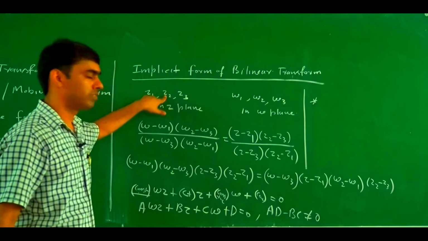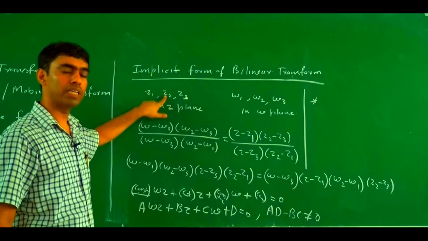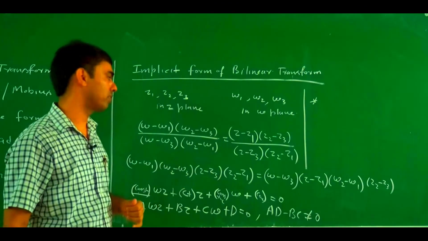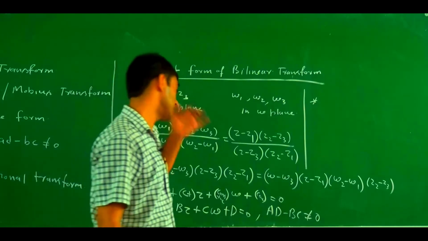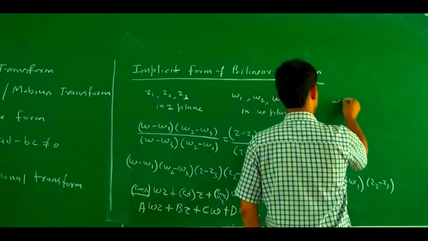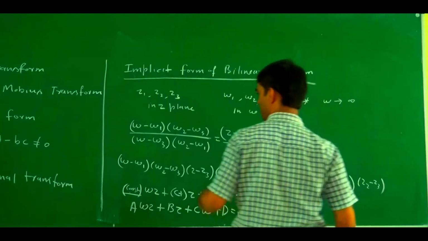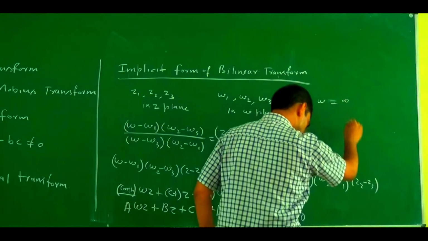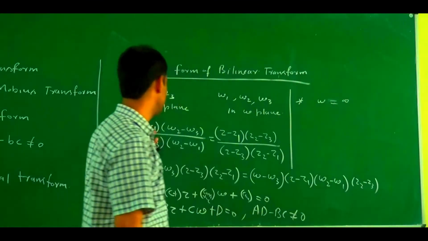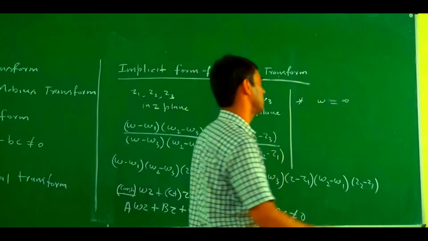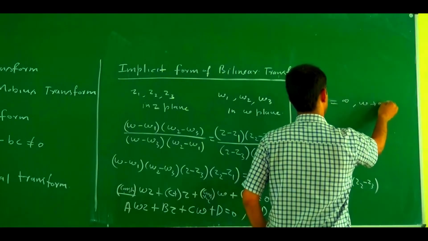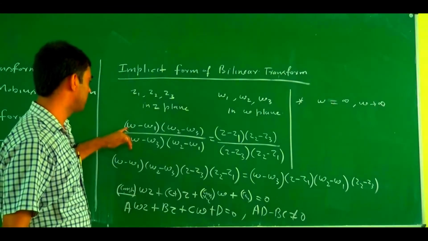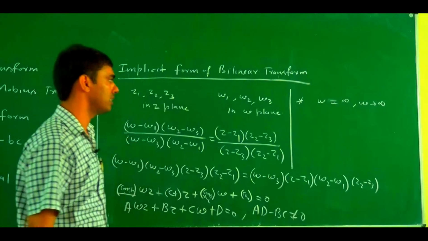One thing needs emphasis: if any point in the Z plane maps to infinity, or any point in the W plane tends to infinity, what will happen here? Suppose W tends to infinity. Then on the left-hand side we have (infinite minus W1) divided by (infinite minus W3).